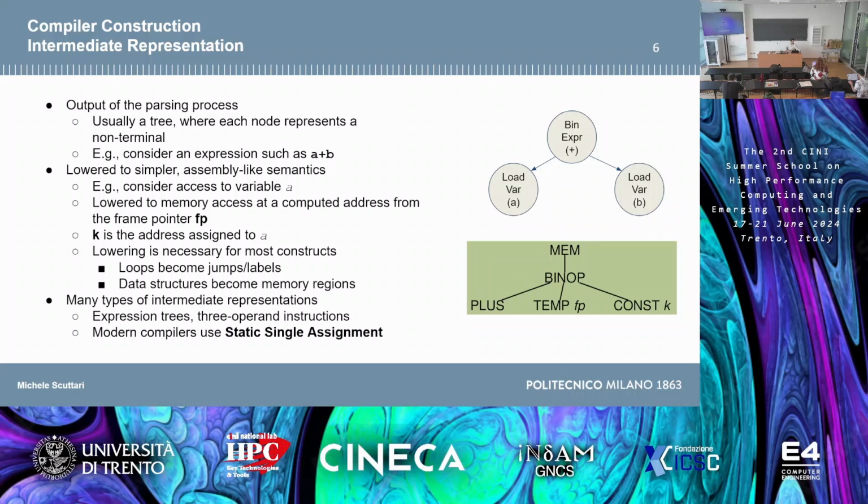This lowering can be performed in different phases, so it can be performed all at one time, where you move most of the constructs from the high level to the very low level, or in different stages. This will be important later on when we look at MLIR, because that's exactly how MLIR does it.